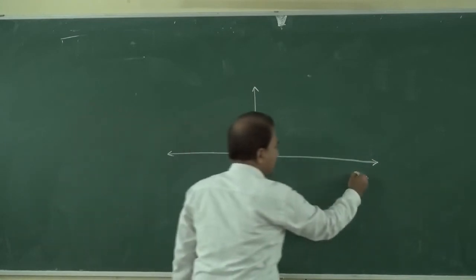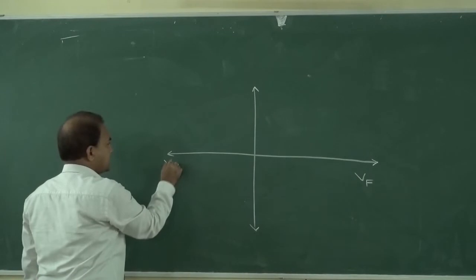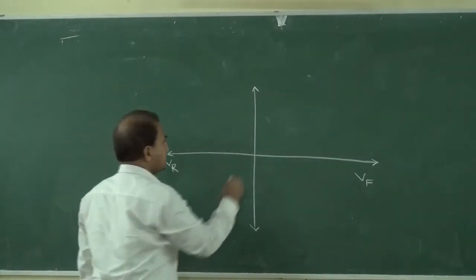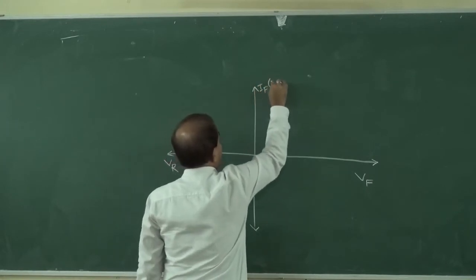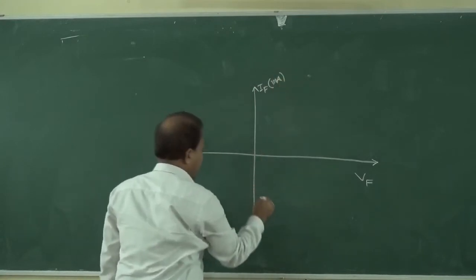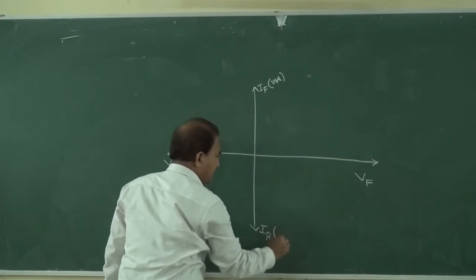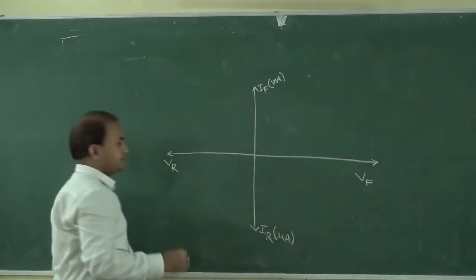This axis represents forward bias voltage, and this axis represents reverse voltage or negative voltage. This is forward current in the milliampere range, and this is the reverse current or reverse leakage current in the microampere range.